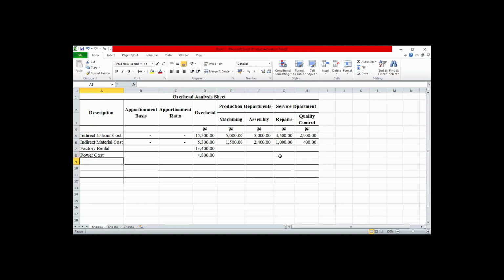Followed by depreciation. The next one, building insurance.